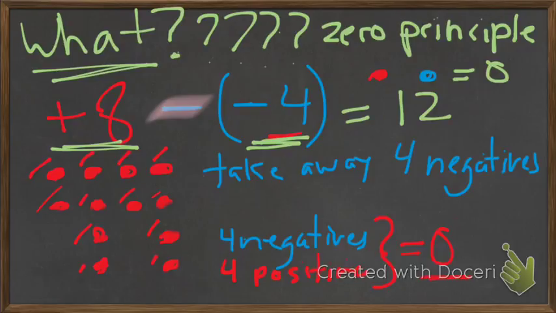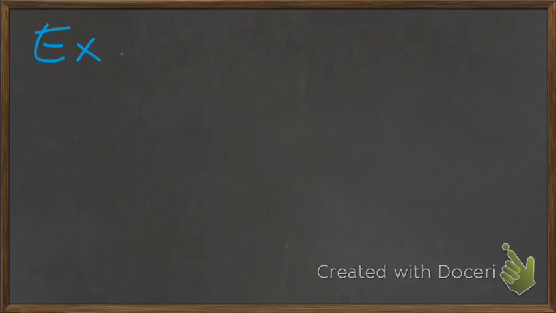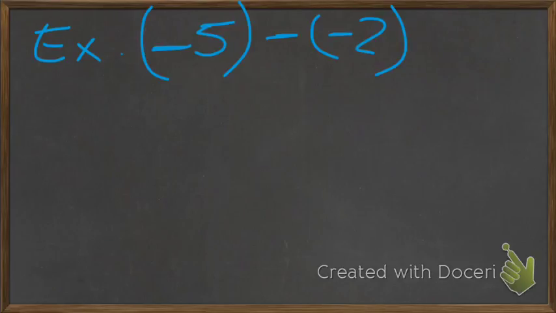Don't worry, we'll do more examples. We'll keep the numbers low for now. Let's try negative 5, take away negative 2. I'm going to draw out 5 negative counters: 1, 2, 3, 4, 5.